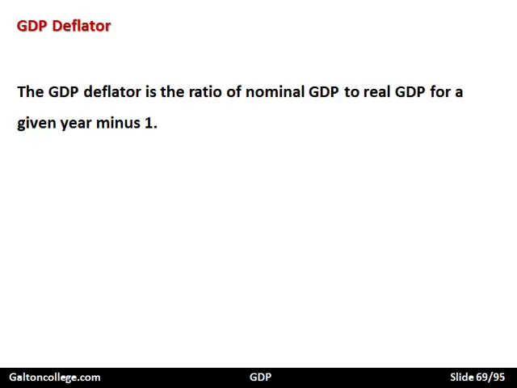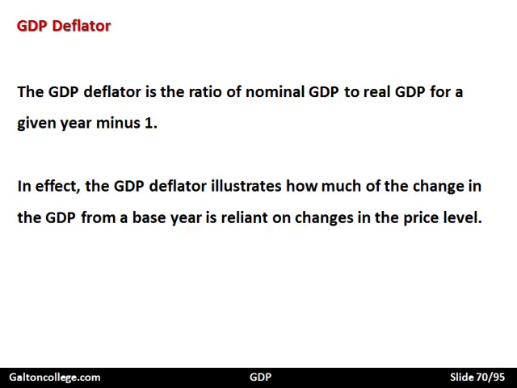So this is a GDP deflator. And what it does is it compares nominal GDP to real GDP for a given year. In effect, the GDP deflator illustrates how much of the change in the GDP from a base year is reliant on changes in the price level.